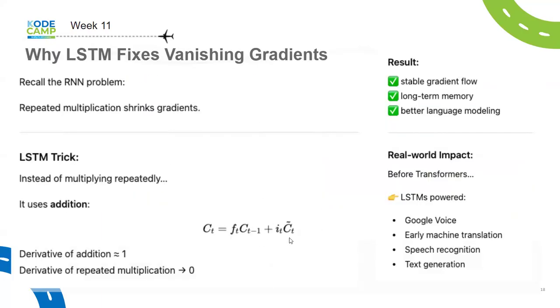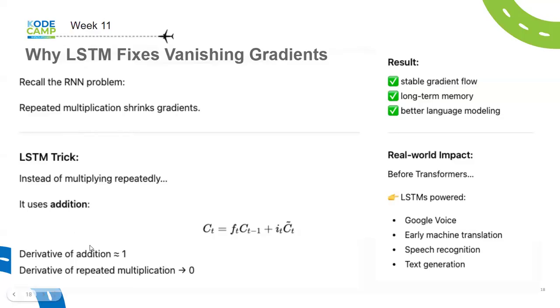So it is no more a product of weights. It's now a sum of weights. So instead of multiplying repeatedly, the cell state now becomes a continuity of the previous state, but added on to the new state. So it uses addition, right?